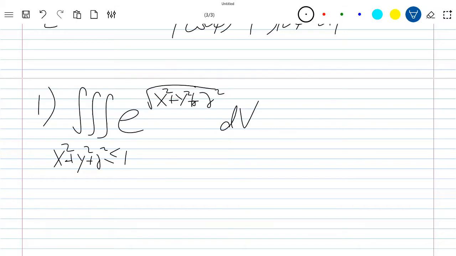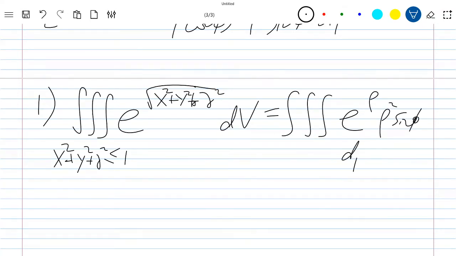Alright, so apparently this is a sphere, so we should use the spherical coordinates. And actually it's really easy. The integrand is particularly easy. It's just e to the rho, right? And how do we write dv? Rho squared sine phi d rho d phi d theta.